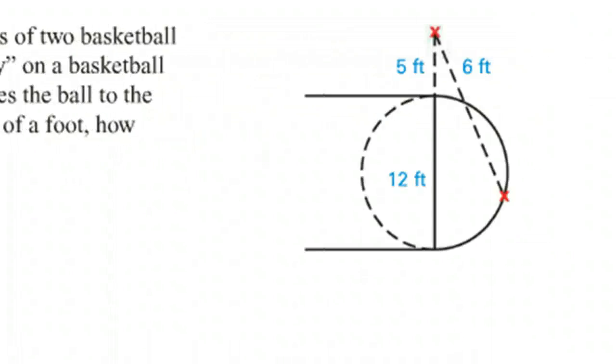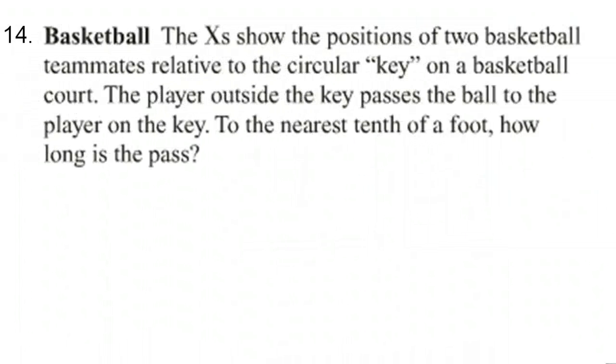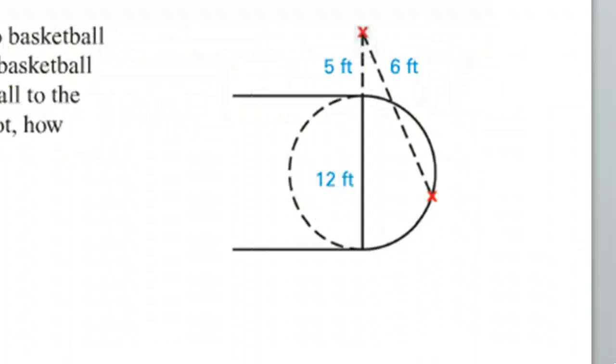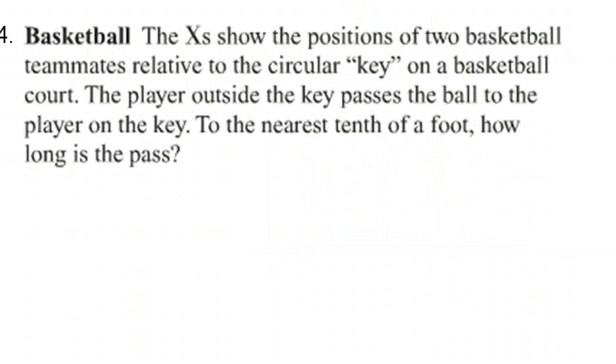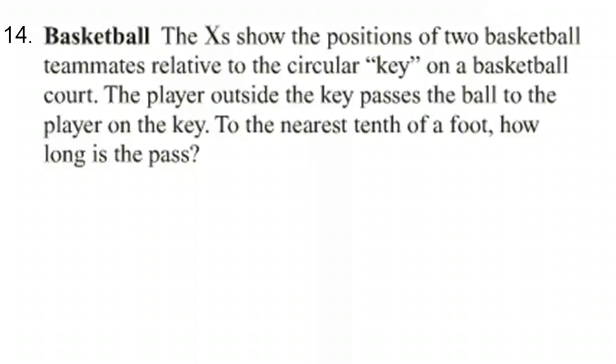Basketball. Okay, got a nice picture here. The X's show the positions of two basketball teammates relative to the circular key on a basketball court. So these are two teammates. The player outside the key passes the ball to the player on the key.